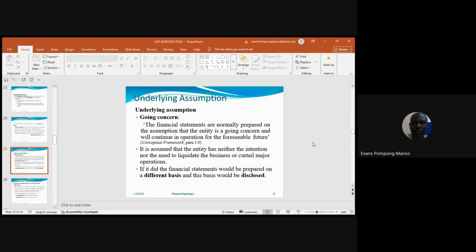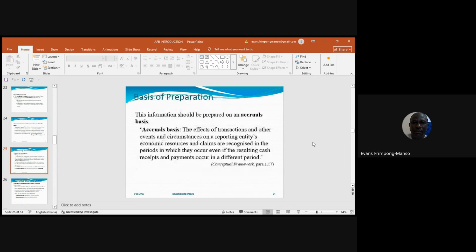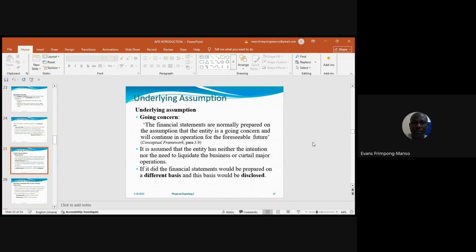They should use the historical cost, that is the actual cost at which they bought the items. So these are the two underlying assumptions: the going concern and the accrual basis.